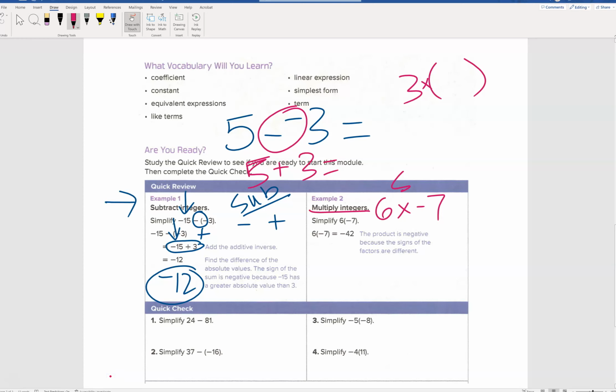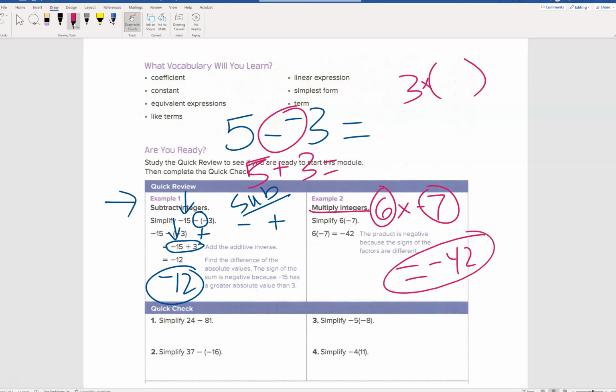So going back over here, that means it's going to be a minus sign. So I am going to just write my equal sign and put a little negative there so I don't forget. Now you just have to multiply like normal. So you have 6 times 7, and that equals 42. So your final answer is -42.